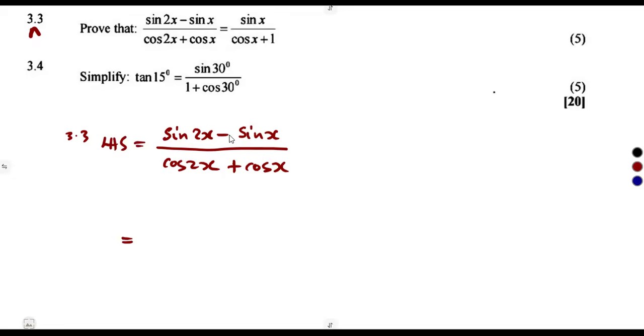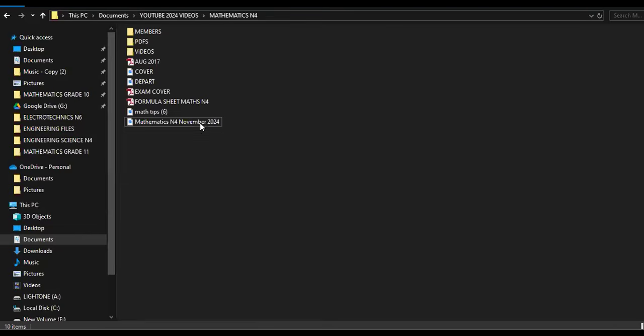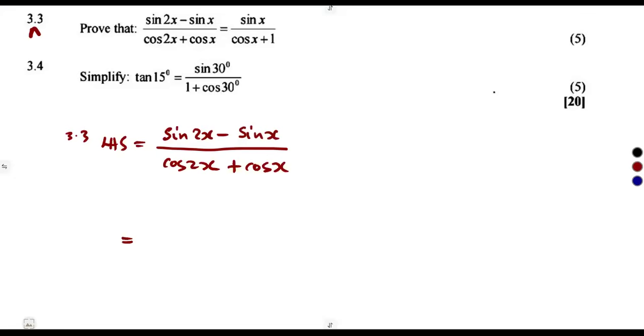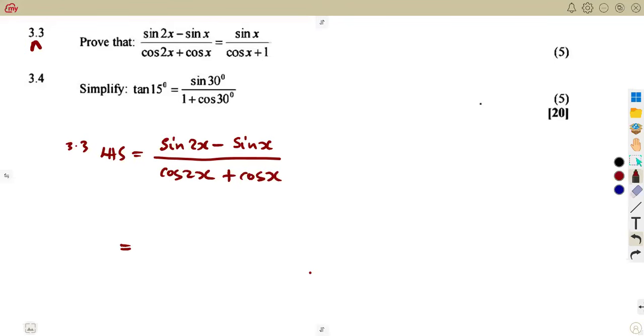We know the sine of 2x from our identities. Actually, from our identities, I wanted you to see something, guys. I forgot that I'm sharing my screen like this. Sorry for that. So we know that the sine of 2x is given as 2 sine x cos x.